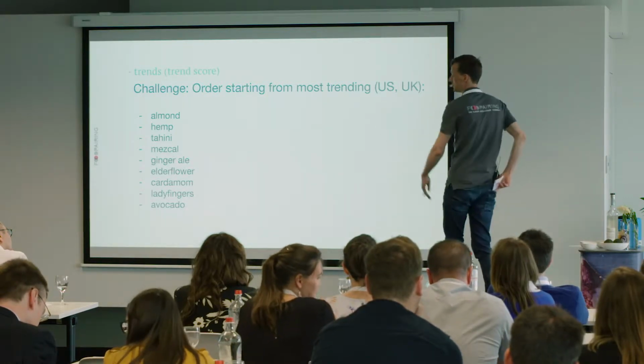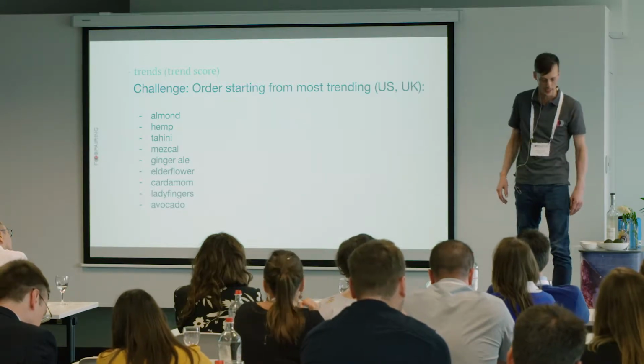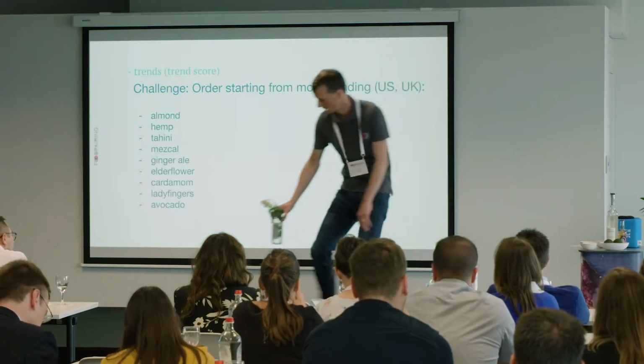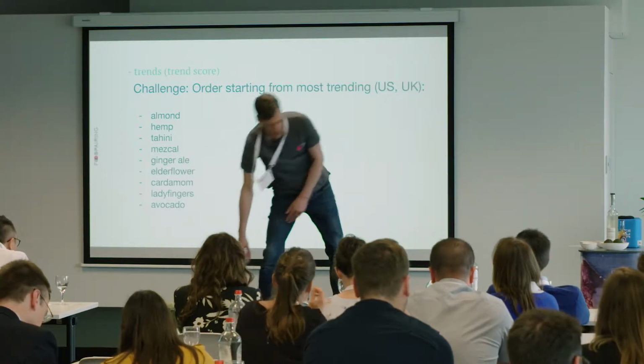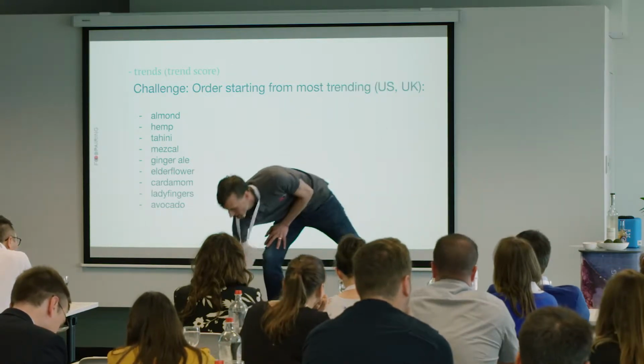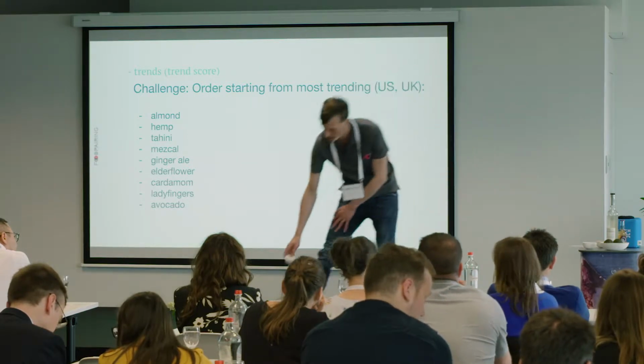So specific for US and UK, we use this data. So the correct answer is we have the elderflower, then the almond, the cannabis.